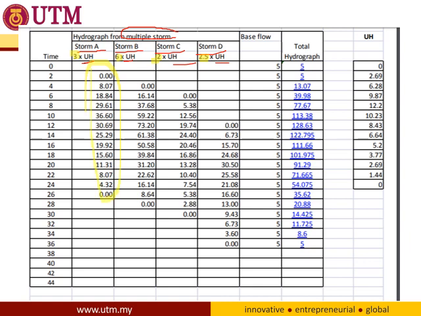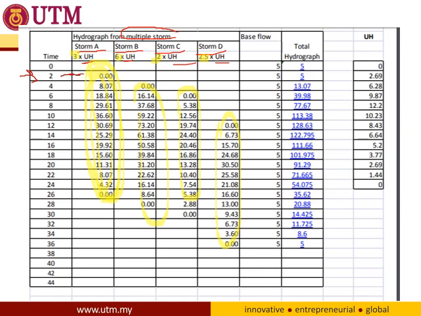Remember, before, the unit hydrograph is different. So this is the product, you multiply it with the excess rainfall, for storm A, storm B, storm C, and storm D. Another thing that you need to realize is, see here, storm A starts at 2 hours, so it will start here at 2 hours.